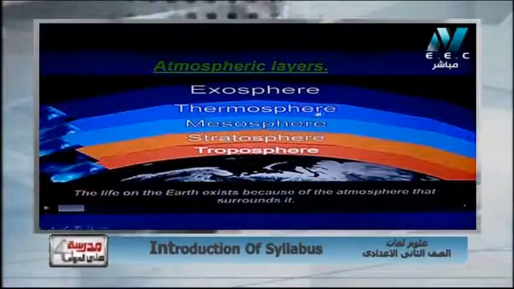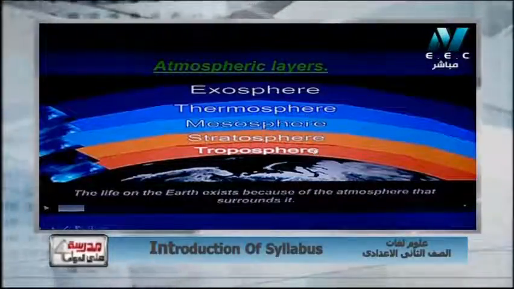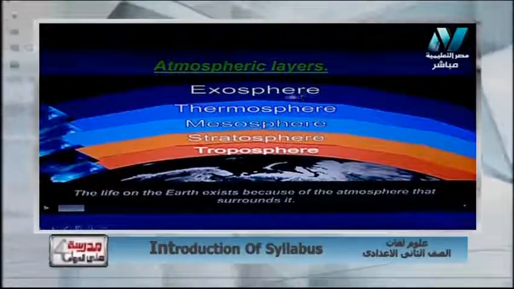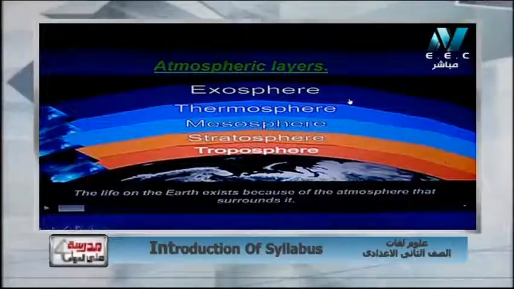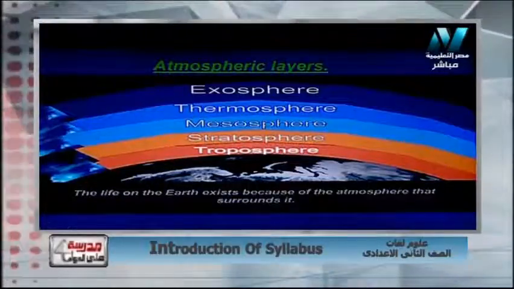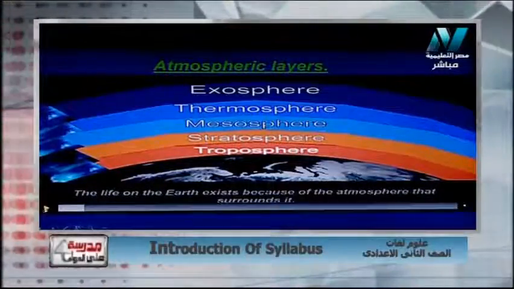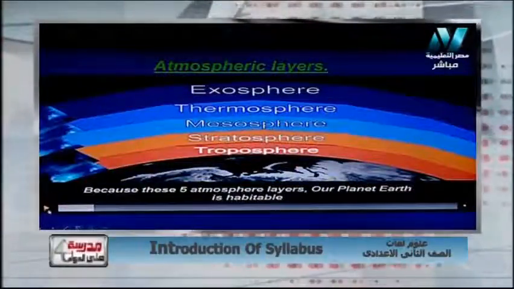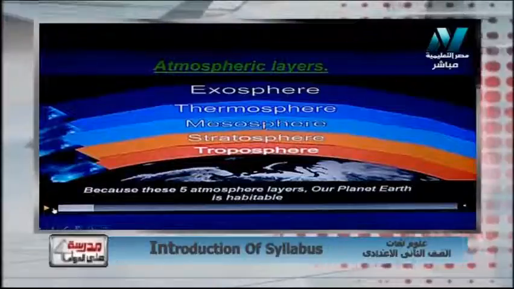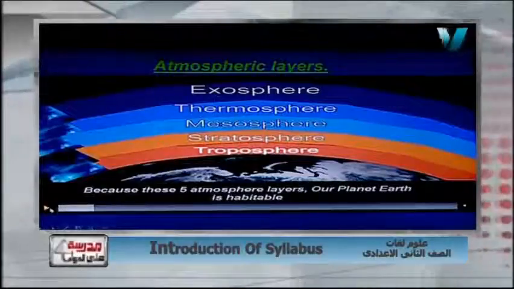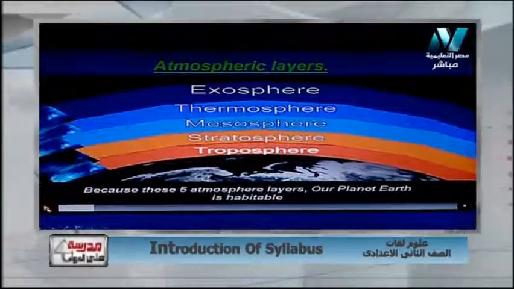And this atmospheric envelope consists of troposphere, stratosphere, mesosphere, thermosphere, and the last one is called exosphere, the layer which is inserted with the space اللي هو متلاصقة أو متداخلة مع الفضاء الخارجي.